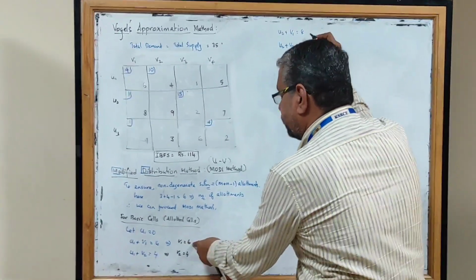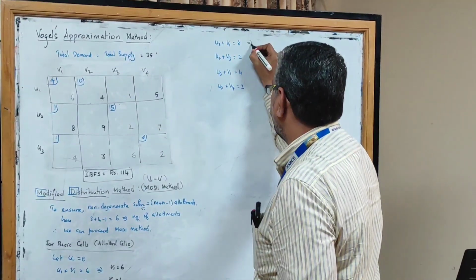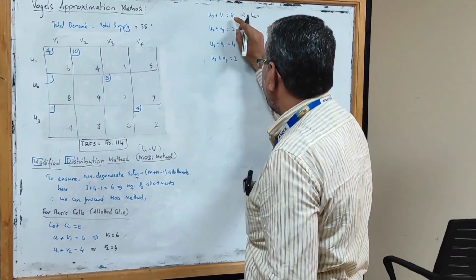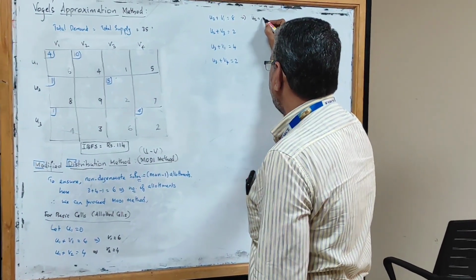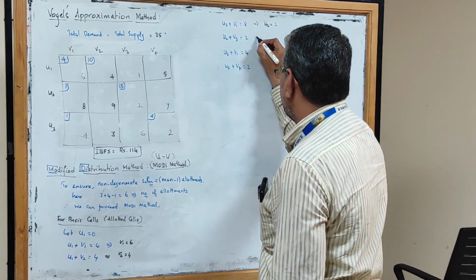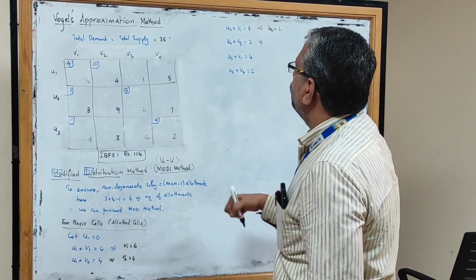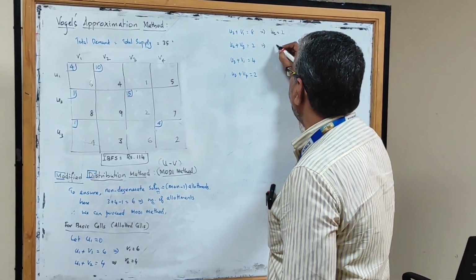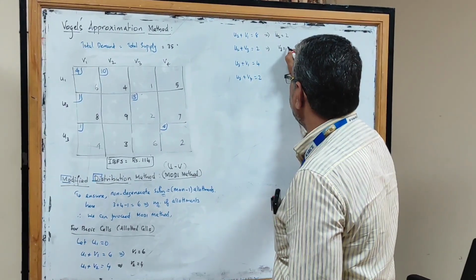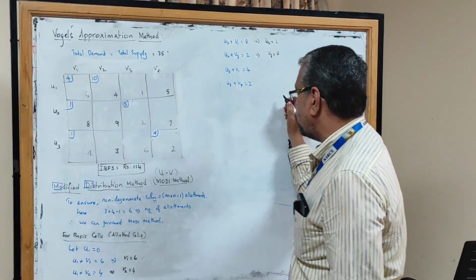So V1 6 means U2 equal to 8 minus 6, you will get 2. U2 2 means you will get V3 equal to 2 minus 2, equal to 0.